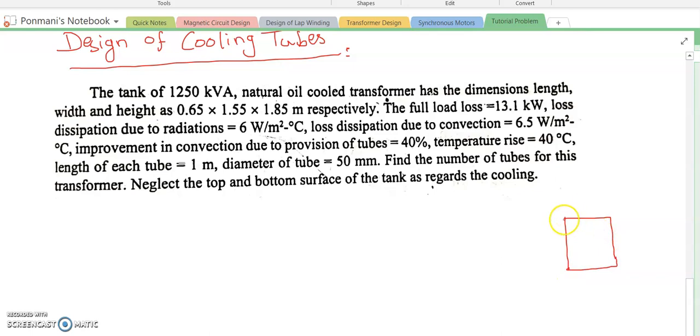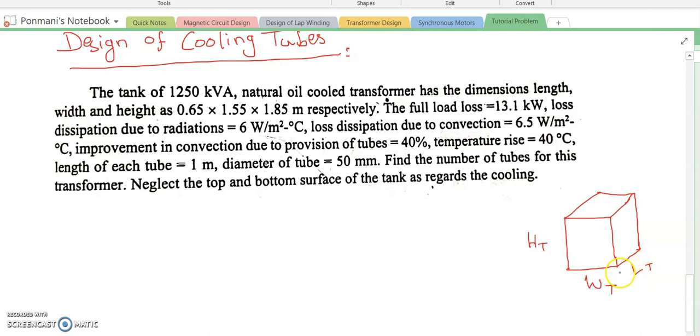length, width and height of the tank. So we can assume this is the transformer tank, and this is the width of the transformer tank, and this is the height of the transformer tank, and this is the length of the transformer tank.